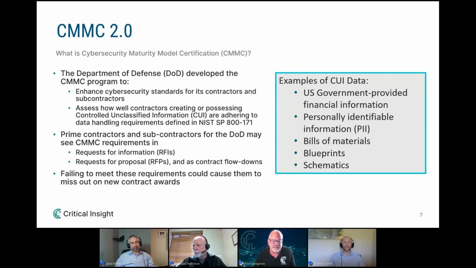And the idea was that by sometime in 2022, people were supposed to be compliant with this and be able to submit their certification to be able to bid on DoD contracts.